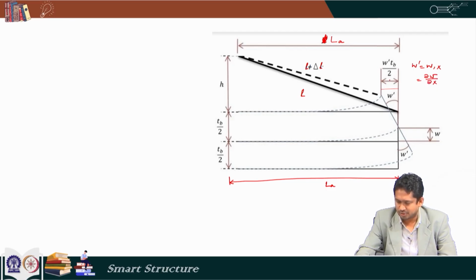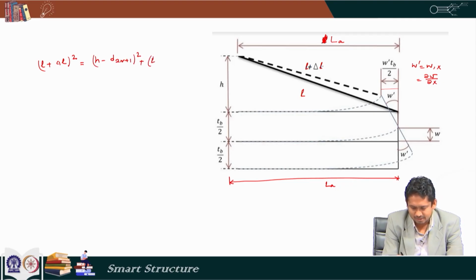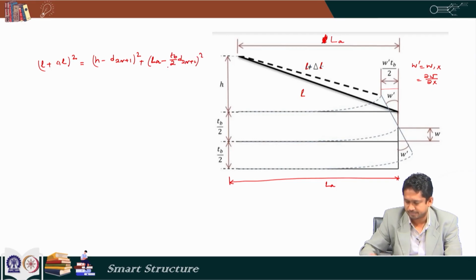Then if we know this quantity, after applying trigonometry, it can be shown that l plus delta l whole square is equal to h minus d 2 n plus 1 whole square plus L A minus T b by 2 d 2 n plus 2 whole square.